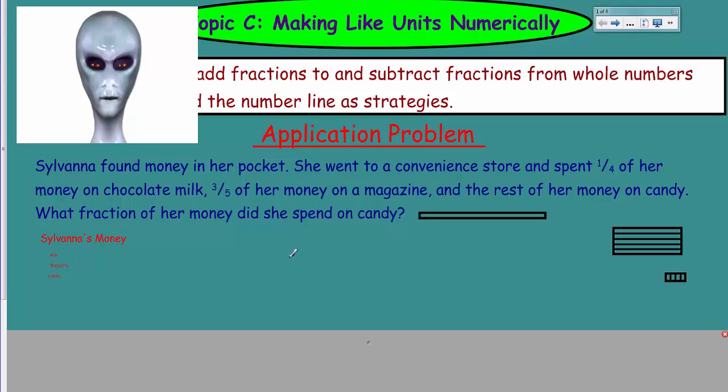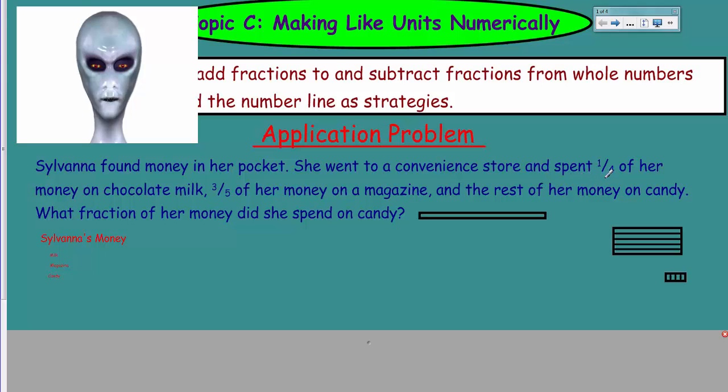Okay. Very interesting problem. Let's go ahead and try to solve this problem by taking a look at this. First thing I'm thinking is the R, D, W: the read, the draw, and the write. I'm reading this problem and there is some important information here.